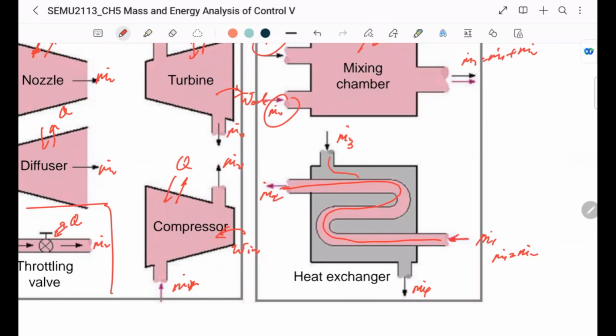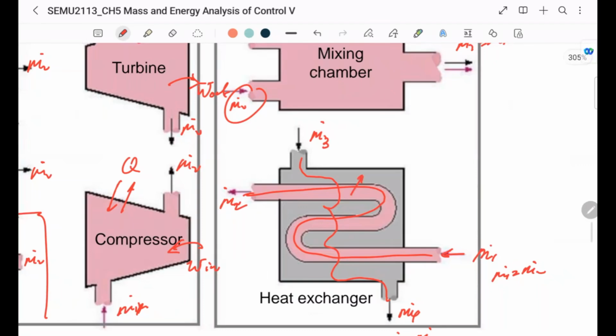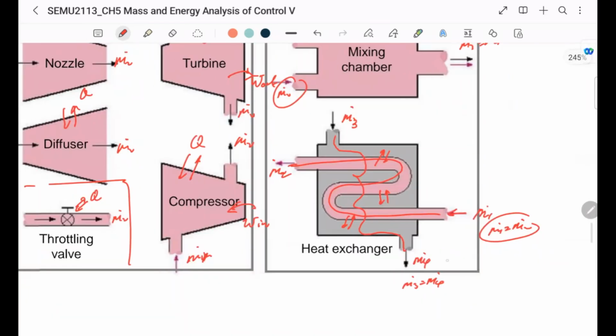For this one, it will go around the red tube here, so M3 equal to M4. Between 3 and 4, there will be heat transfer. That's the purpose of this device, to transfer heat from either 1 and 2 to 3 and 4.